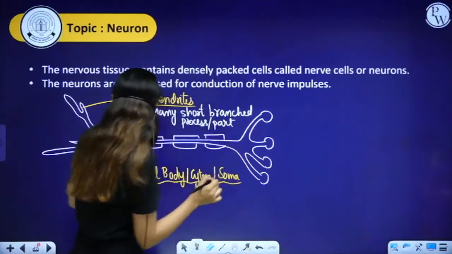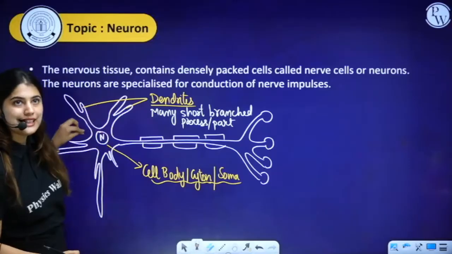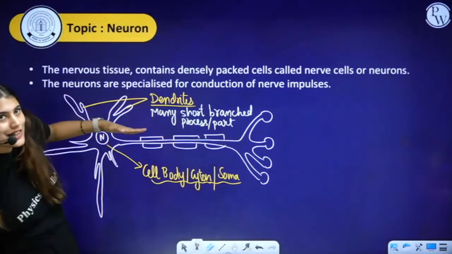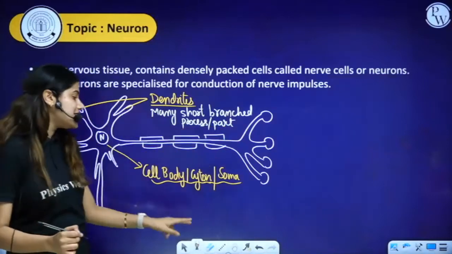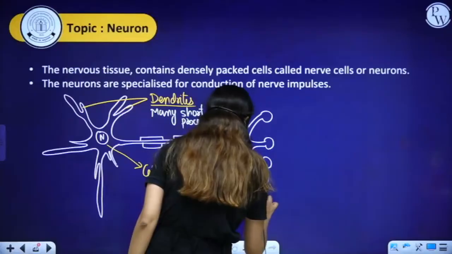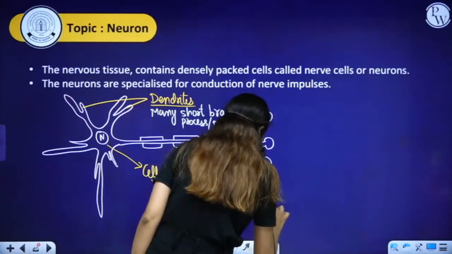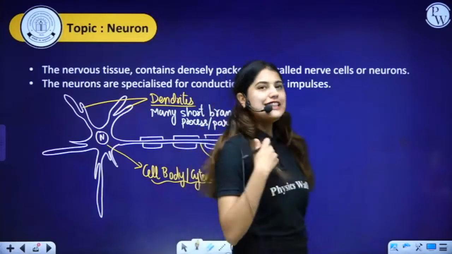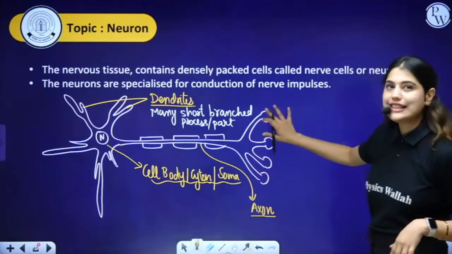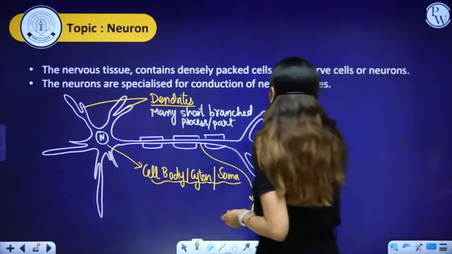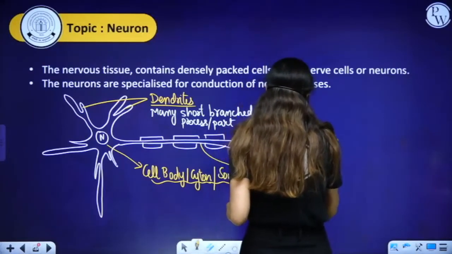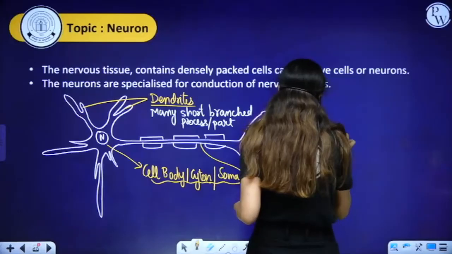And we could see from this cell body, not only these branch processes are arising, but a single cylindrical structure is arising, right? This structure is called the axon. Single cylindrical structure, right? Lastly, we have this end part called the nerve ending. It's the end of the neuron.